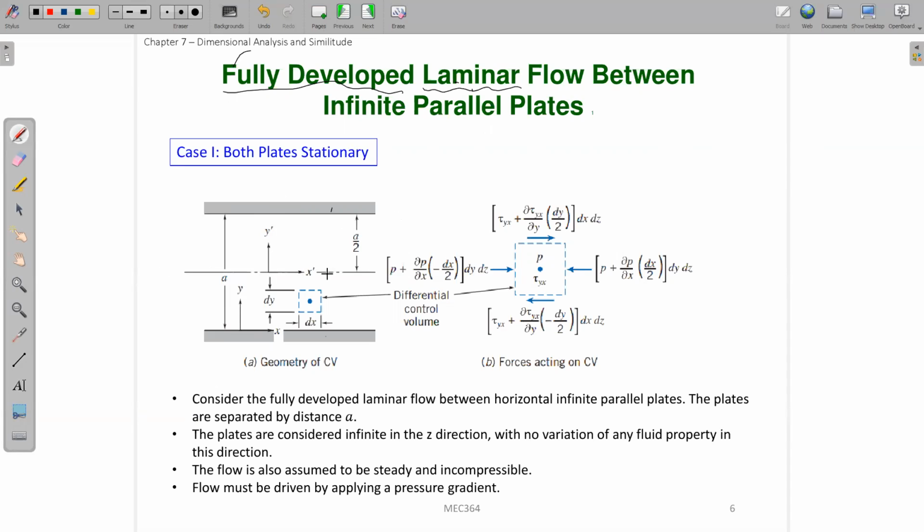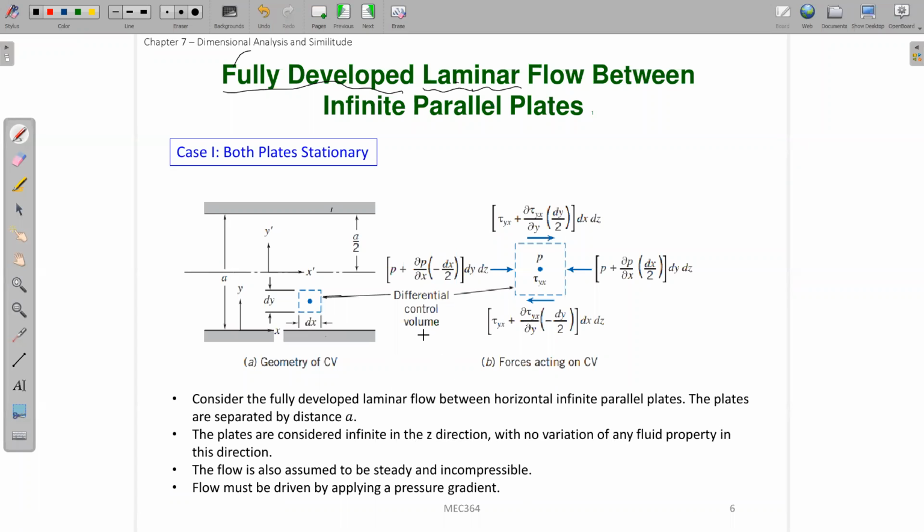The flow is only in this x direction. In other words, the z direction is the direction perpendicular to your screen. In the z direction, the plate is also infinitely long, and the flow has no v and w velocity.